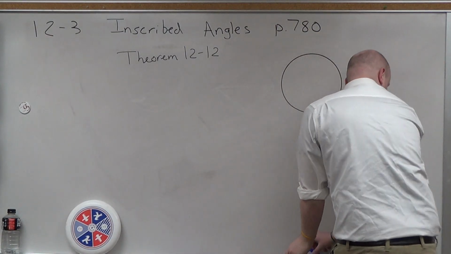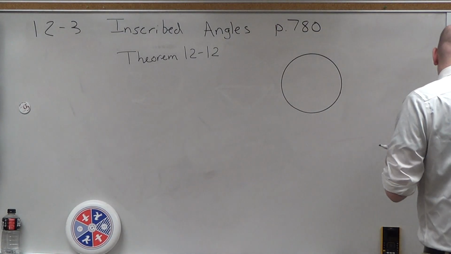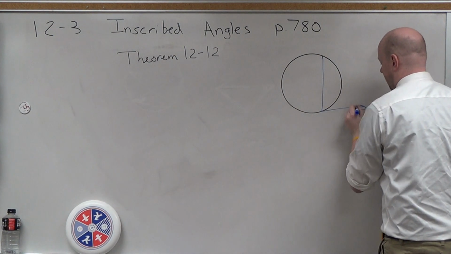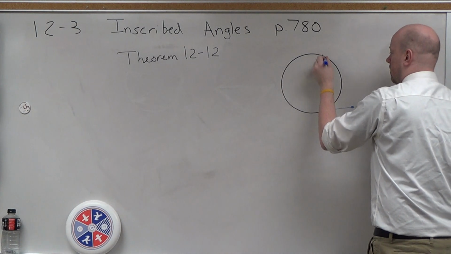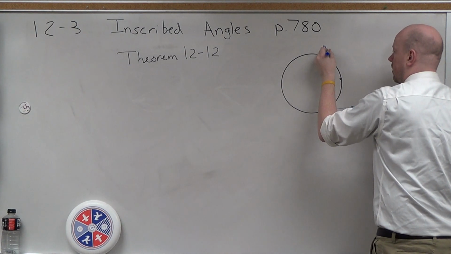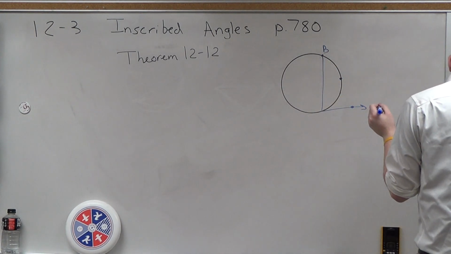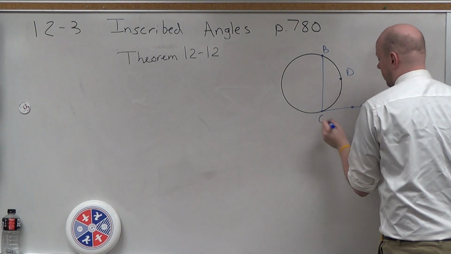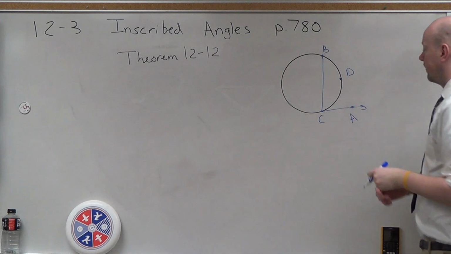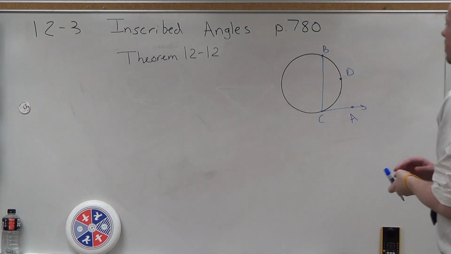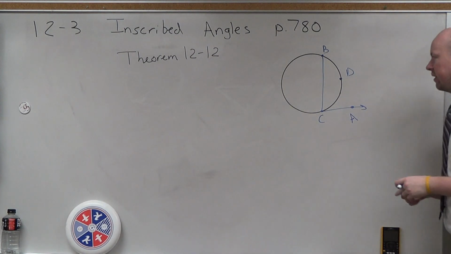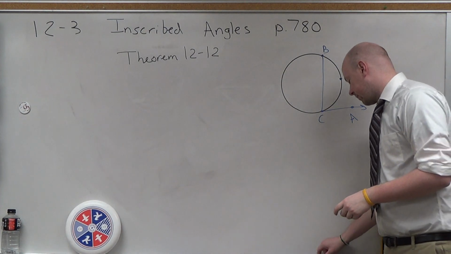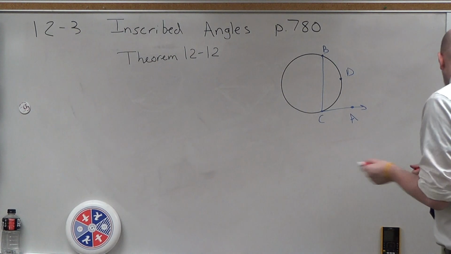And of course, we need some drawings. Let's see, B, D, C, A. Okay, so theorem 12-12 starts with something like this. And it's very interesting because it reads out like this.